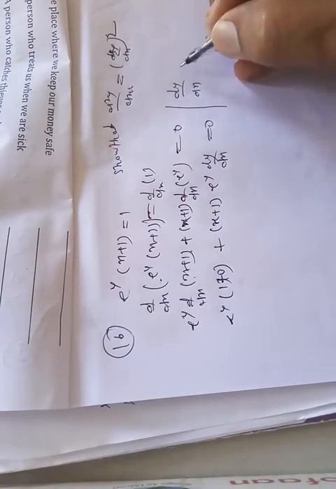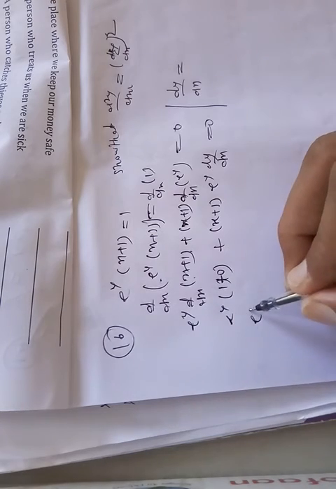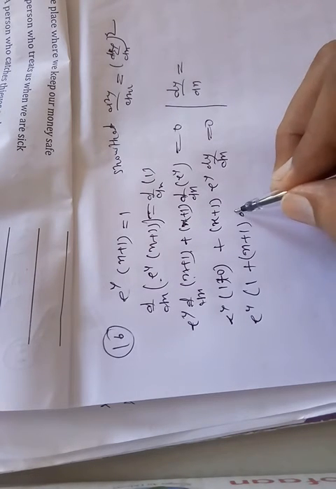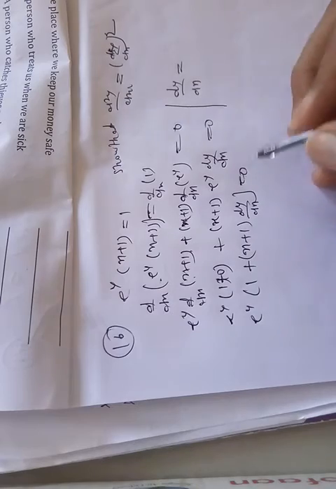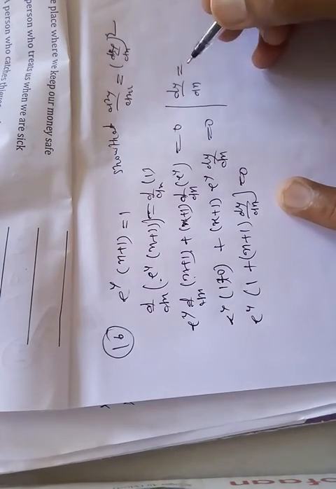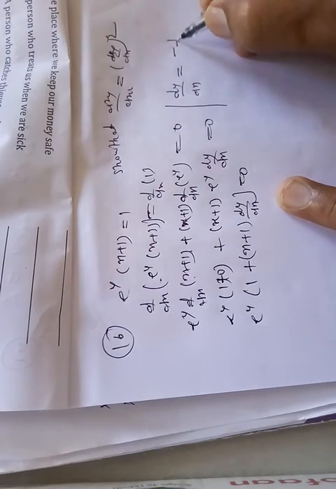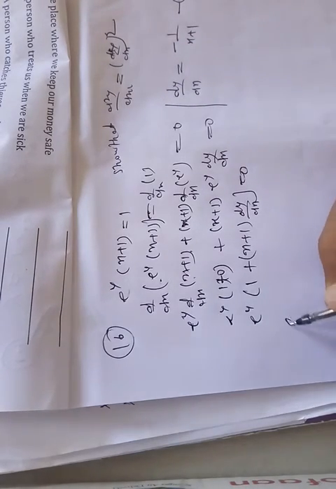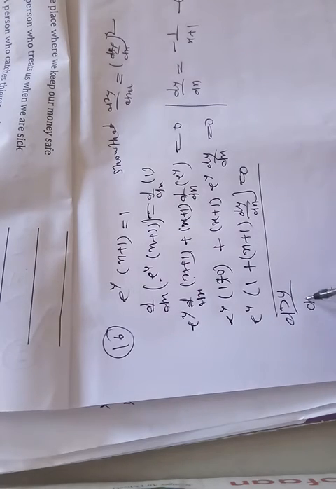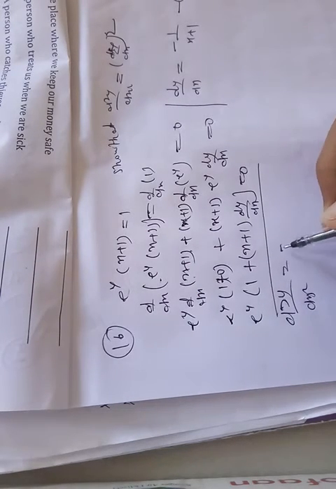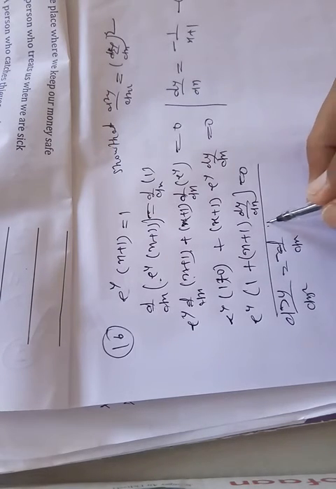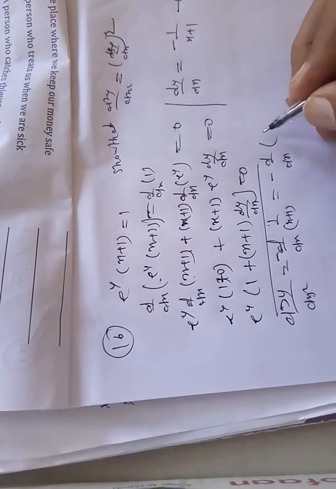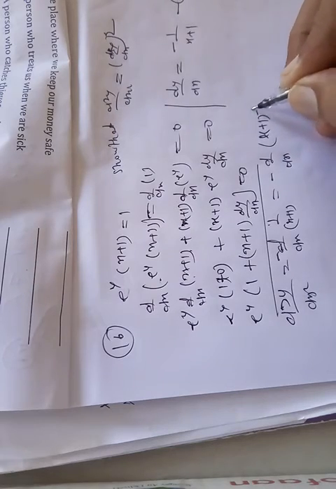So taking e^y common: 1 plus (x+1) dy/dx equals 0. So dy/dx equals -1/(x+1). And the second derivative d²y/dx² equals d/dx of -1/(x+1). This changes to d/dx of -(x+1)^(-1), a reciprocal function.